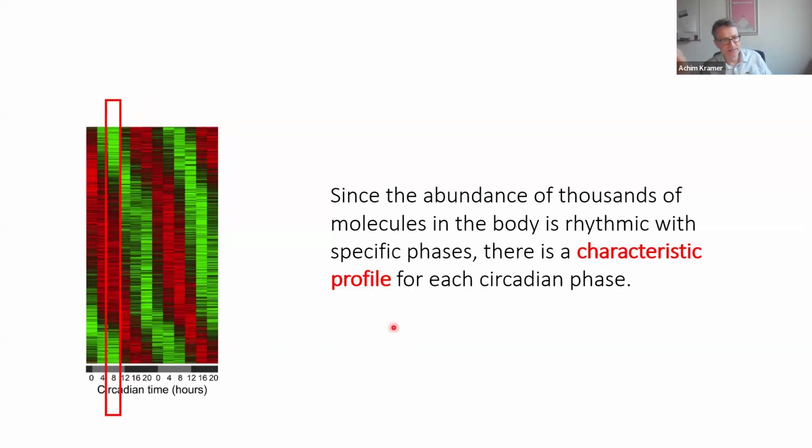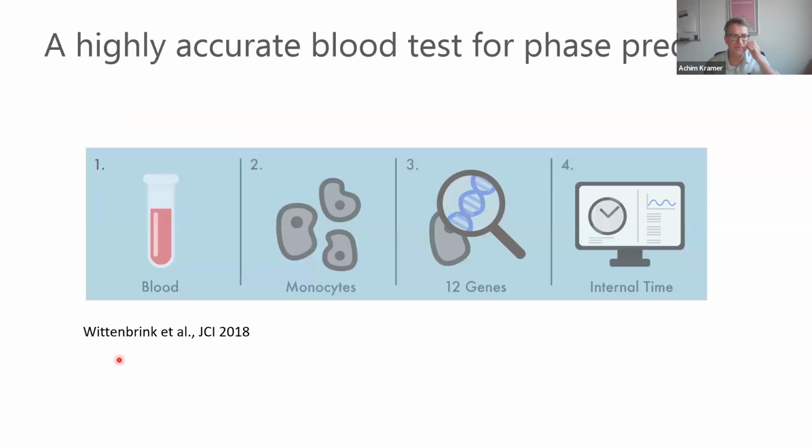And knowing this means if we just harvest at time point 8, we can analyze this profile, and without knowing it's 8, we can predict it's 8 because we know the profile. And this is basically the fundamental approach of how we exploit transcriptional biomarkers to predict the phase.